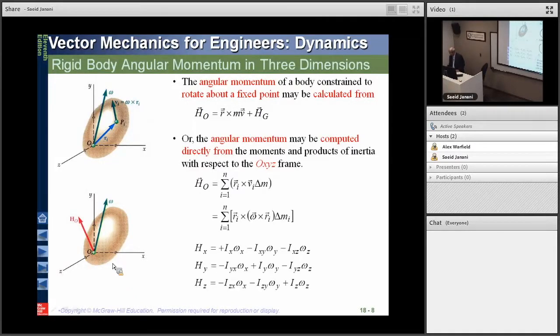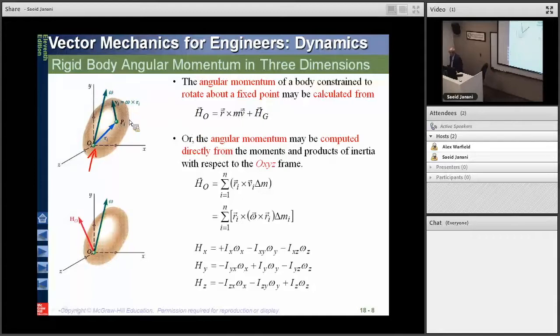The angular momentum h of g of a rigid body and its angular velocity omega have the same direction if and only if omega is directed along the principal axis of inertia. Any questions?